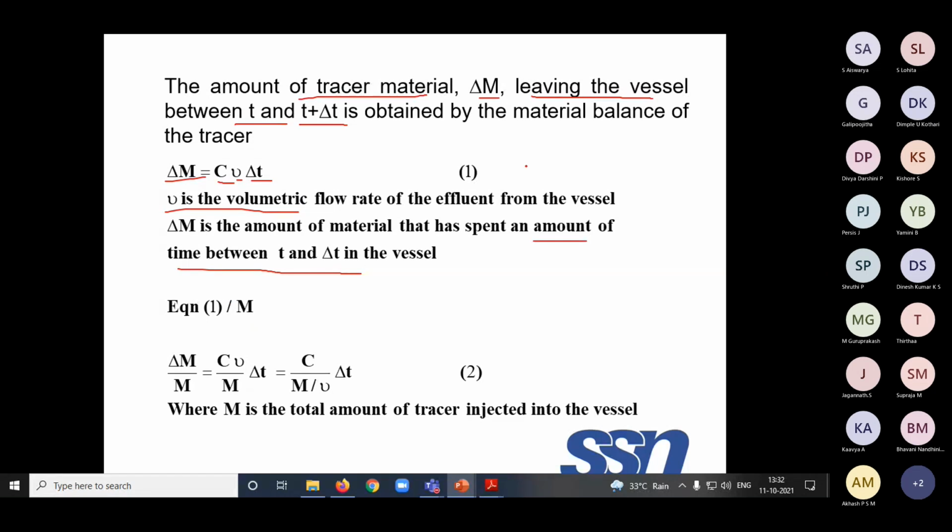So equation 1 divided by M, I want the percentage of the material which is coming out. Delta M by M is nothing but delta M, which is CV delta T, divided by M. So I can flip this: C delta T divided by M by V, where M is the total amount of the tracer which is injected, right?